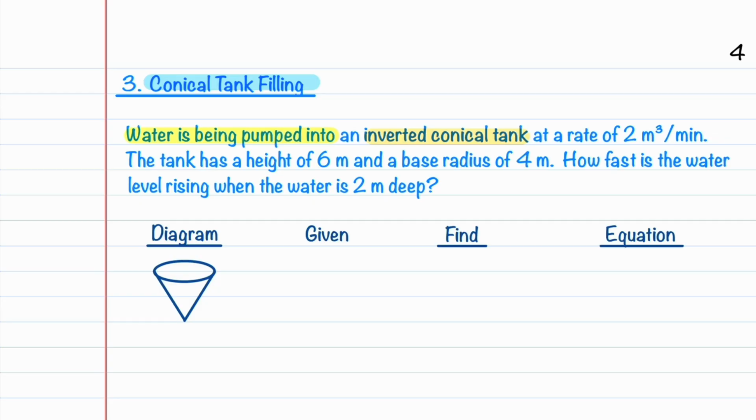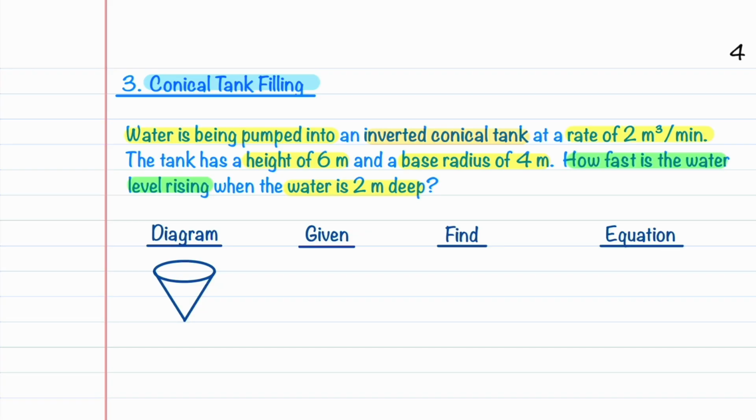The water is being pumped in at a rate of 2 meters cubed per minute. The tank has a height of 6 meters and a base radius of 4 meters. We want to find out how fast the water level is rising when the water is 2 meters deep.